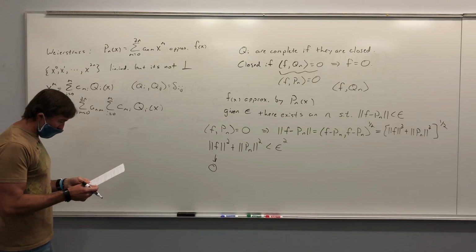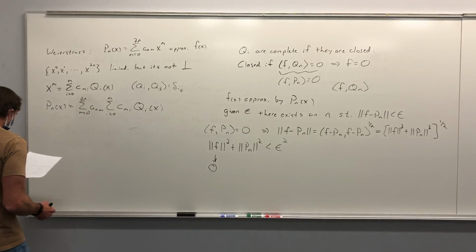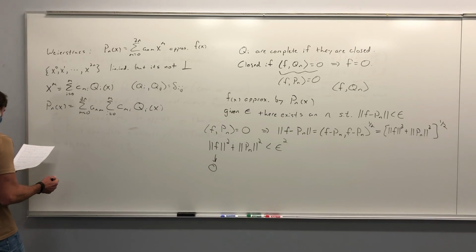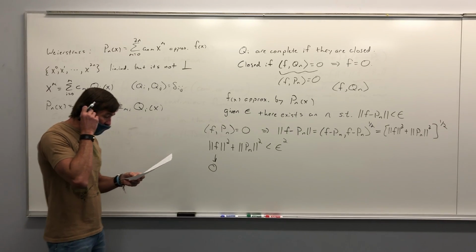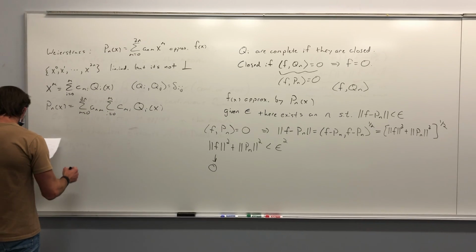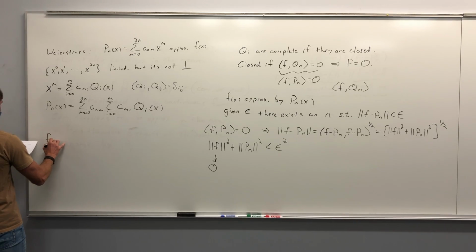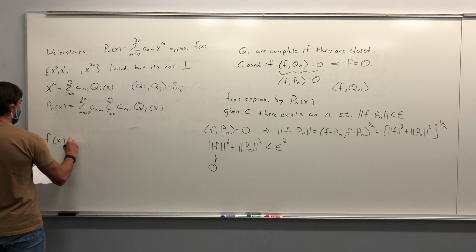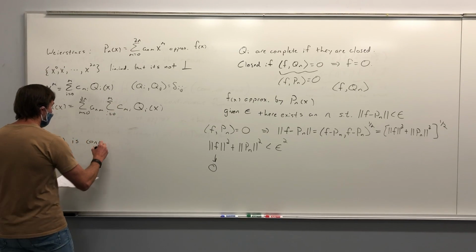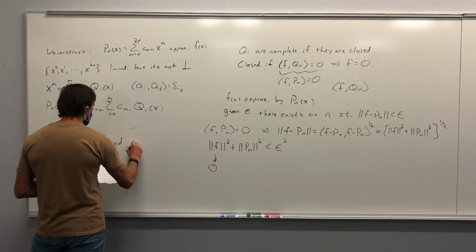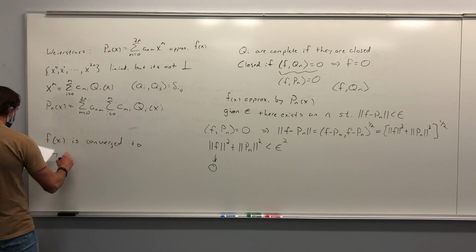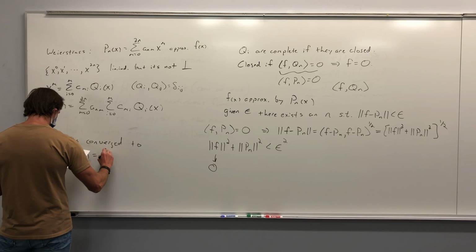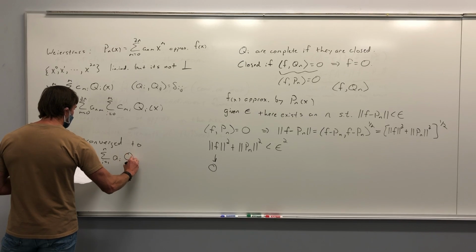Yeah, so if the Qi form an orthonormal set or an orthonormal basis for Hilbert space, then that means that any function in Hilbert space, as a consequence of what we've just proven, is converged to by Fn of x equals the sum from i equals 1 to n of ai qi(x).